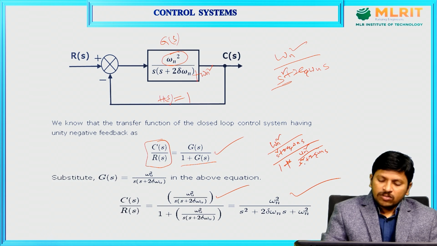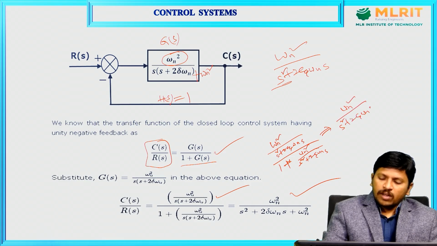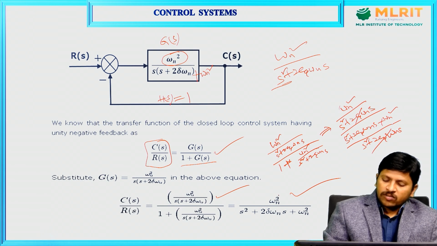Here s square plus 2 zeta omega n s is common, so that term gets cancelled. Directly we get omega n square divided by s square plus 2 zeta omega n s plus omega n square.